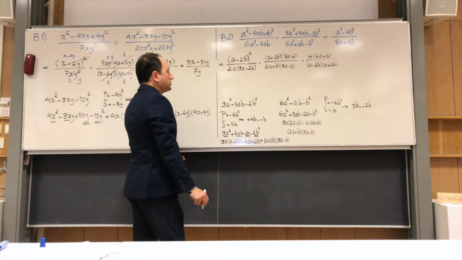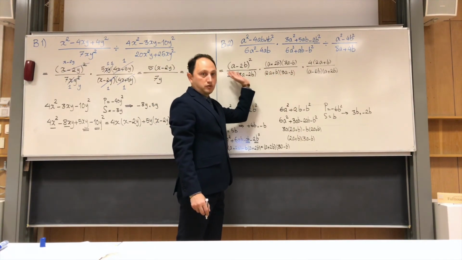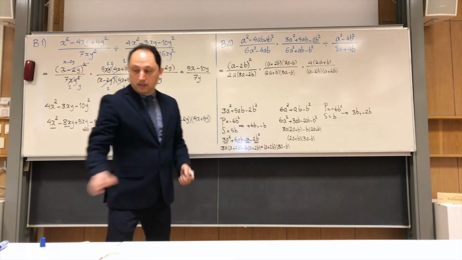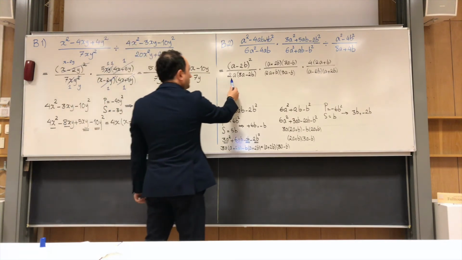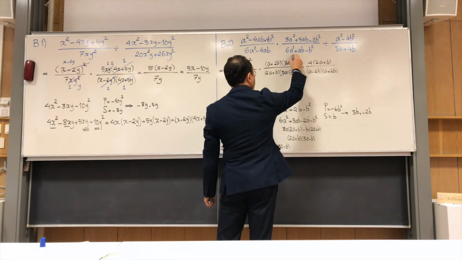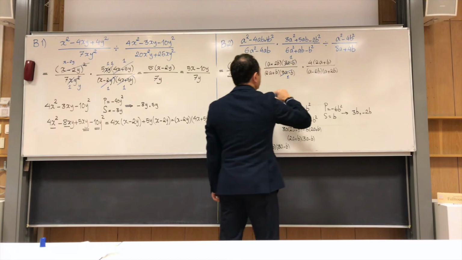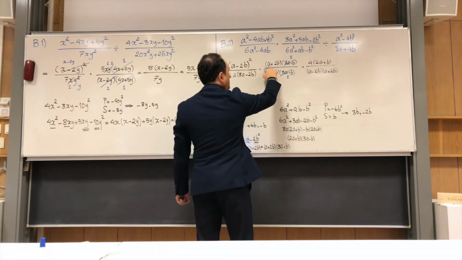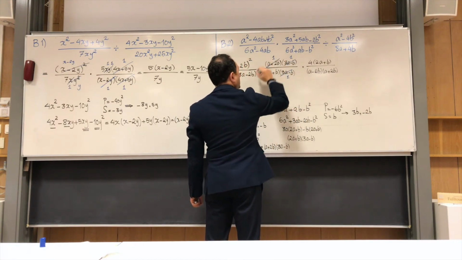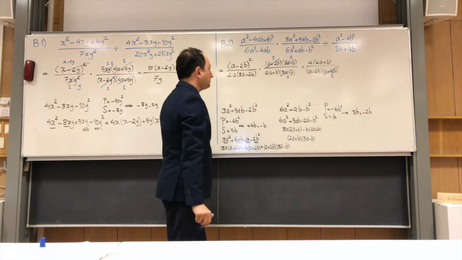And now I start simplification. I can simplify vertically as well as in a cross manner. So nothing can be simplified vertically here, but here, this one and that one, yes, they can simplify vertically. Here, nothing can be simplified vertically. But you see this one from the numerator of this one and the denominator of this one can be simplified.